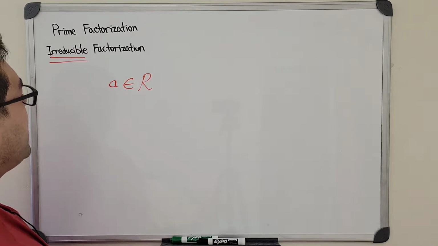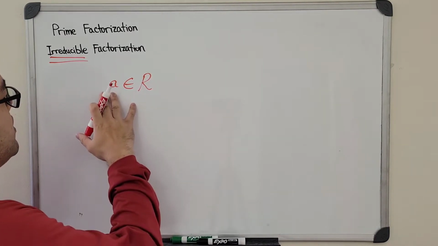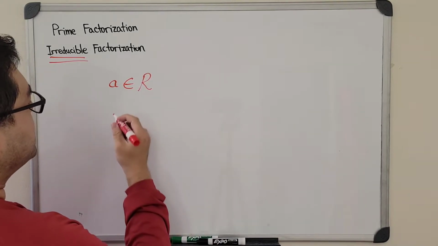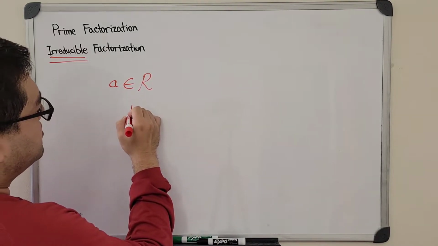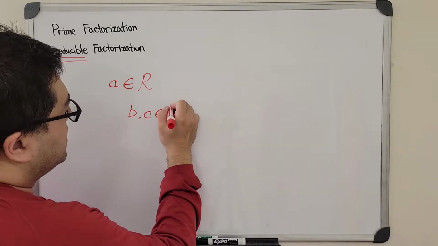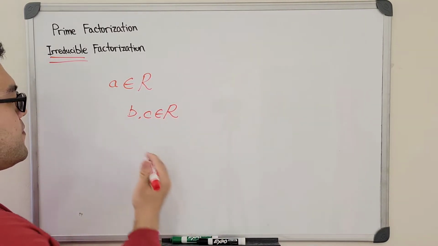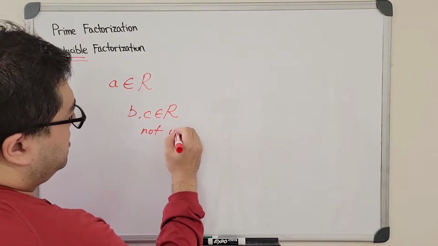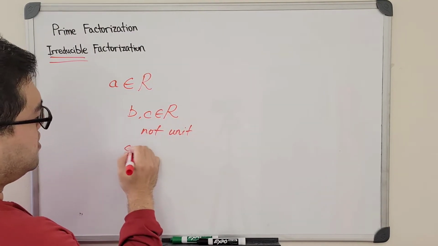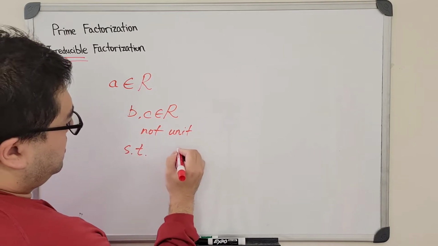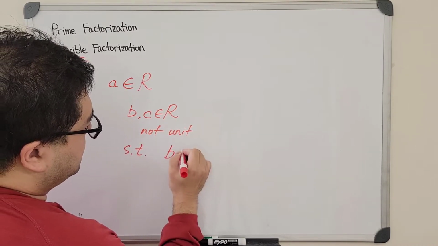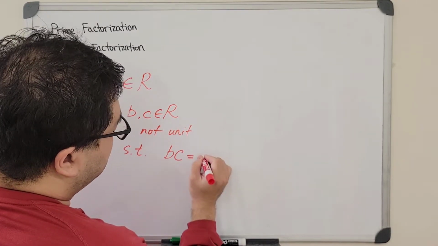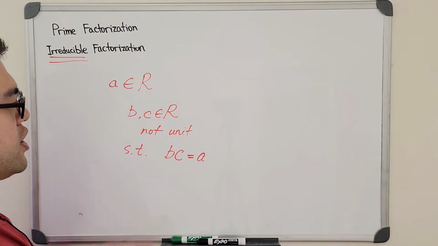Then we call that element A irreducible if and only if there are no two elements B and C in the same ring that are not units, such that the product of B and C, or simply B times C, is equal to A, for a commutative ring.